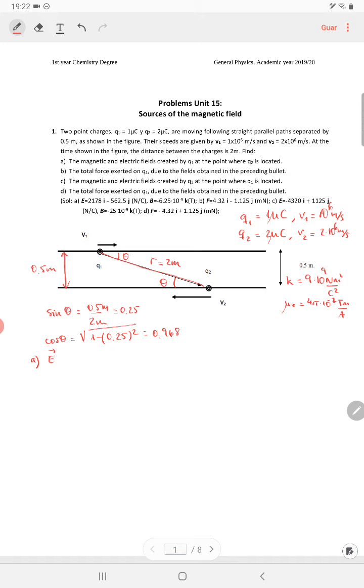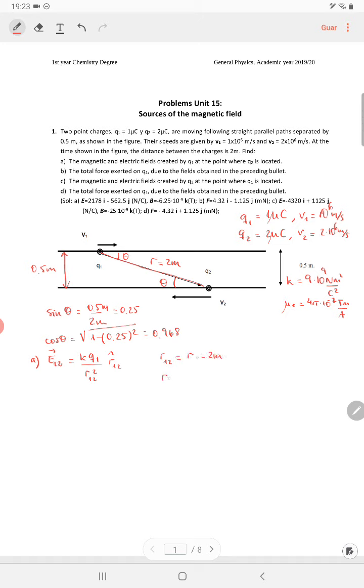calculating the electric field provided by point charge 1 on the place where we have point charge 2. This we denote by this. And this is going to be equal to K Q1, because Q1 is the charge that is providing the electric field, divided by the distance between both, times the unit vector that goes from one to the second one. Here we know that this distance is directly what we've called r, which is 2 meters.